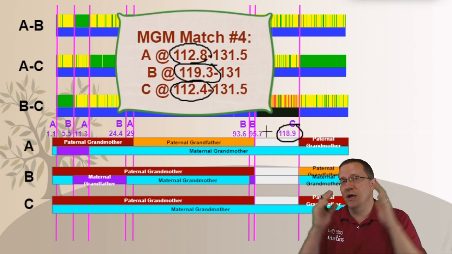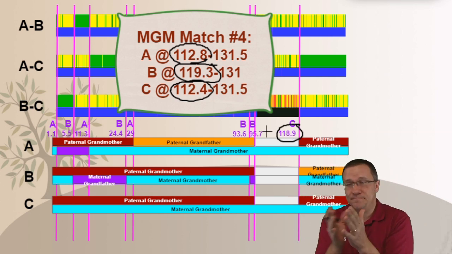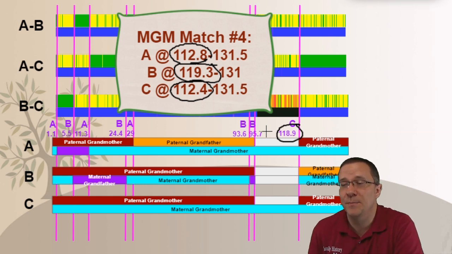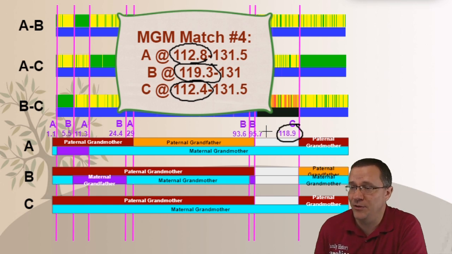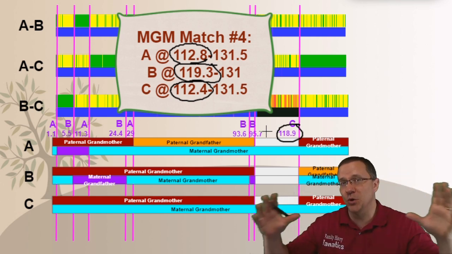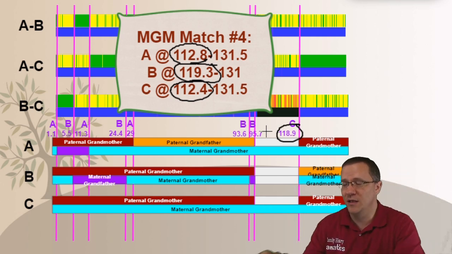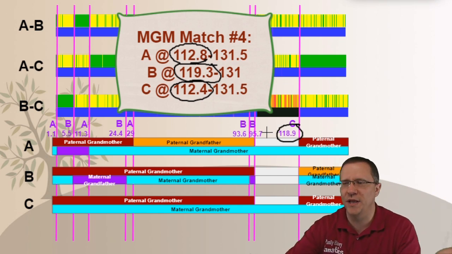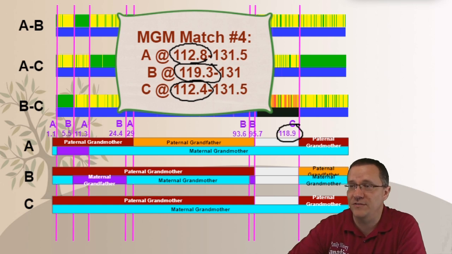But if we're talking about recombination points that are really close together, it might be that this is just not showing up the right way because of how close that is together. So we're going to go to GEDmatch. We're going to do the one-to-one comparison, except we're going to do the full resolution, and we're going to zoom in on this area between about 110 and 120, 121 megabases.